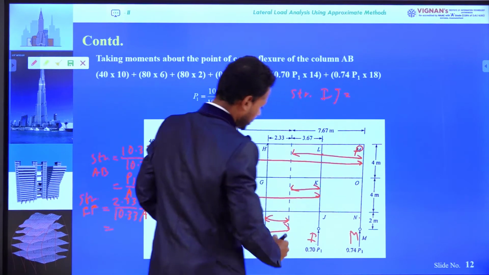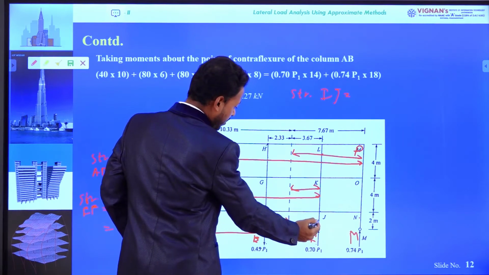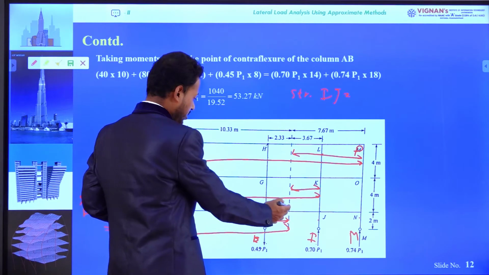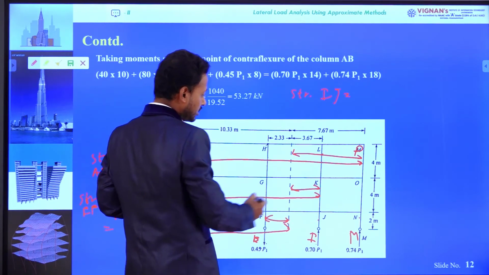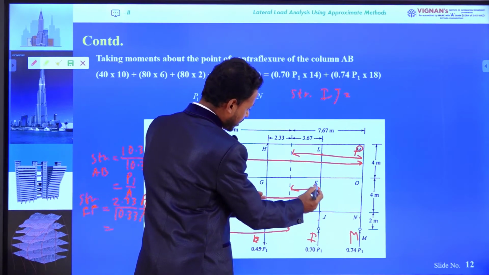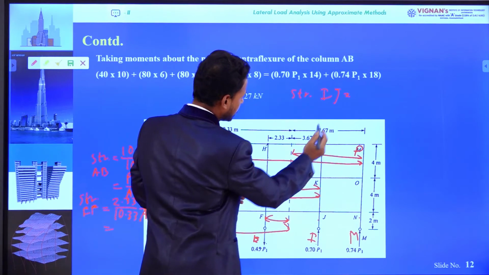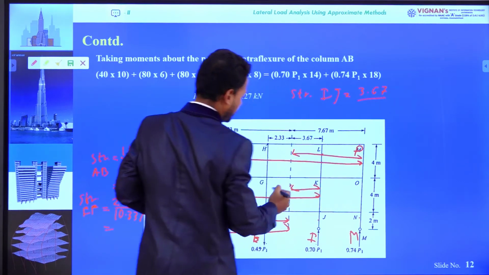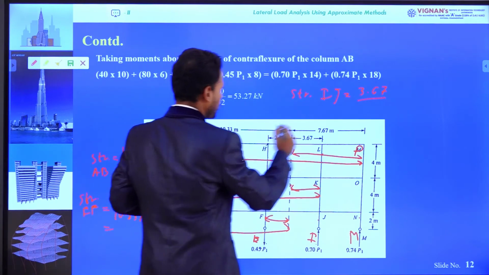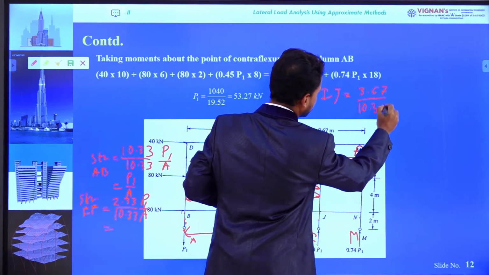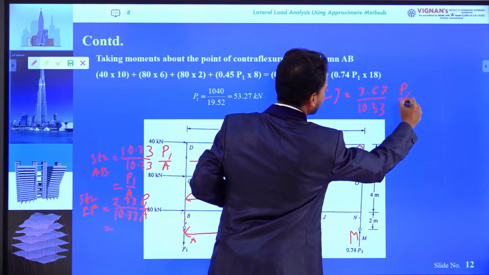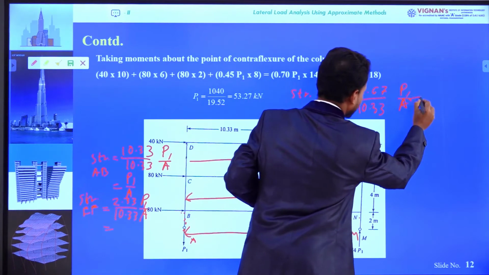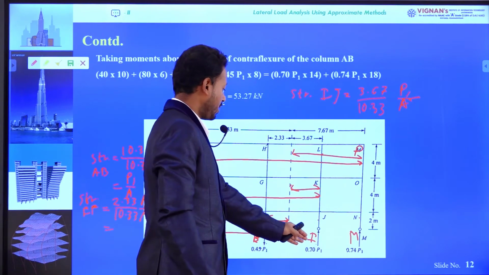It will be the distance from the particular member to centroidal axis and the distance between the left side to centroidal axis. So the distance between the particular member to centroidal axis is 3.66, so 3.67 divided by 10.33 into P1 by A will be the stress in that particular member IJ.